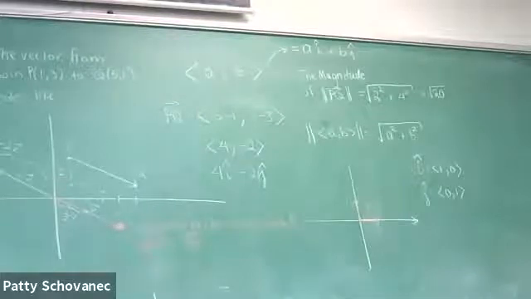Excuse me, K squared A squared, plus K squared B squared. I can pull out that common factor of K squared and put it right here. So that verifies my claim that it just makes the length a multiple of K, longer or shorter.